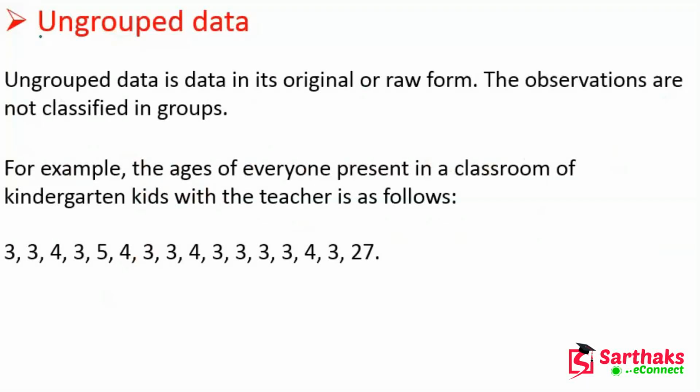Now let's talk about ungrouped data. Ungrouped data is data in its original or raw form, and the observations are not classified into groups. For example, the ages of everyone present in a kindergarten classroom, with the teacher, are 3, 3, 4, 3, 5, 6, 3, 3, 4, 3, 3, 3, 3, 4, 3, 2, 27.